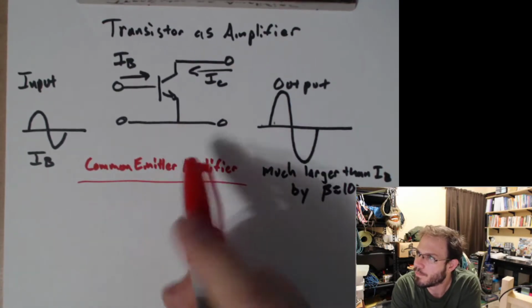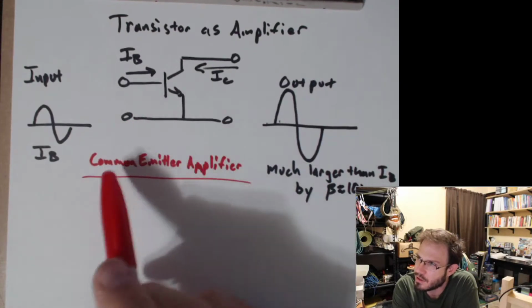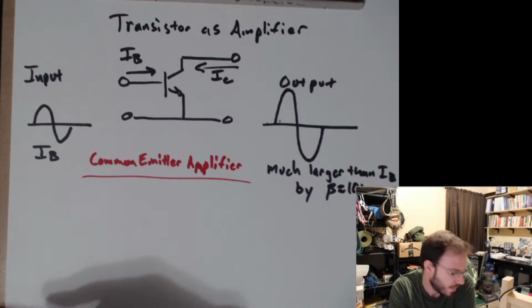Our emitter is common to both the input and the output, hence the term common emitter amplifier.